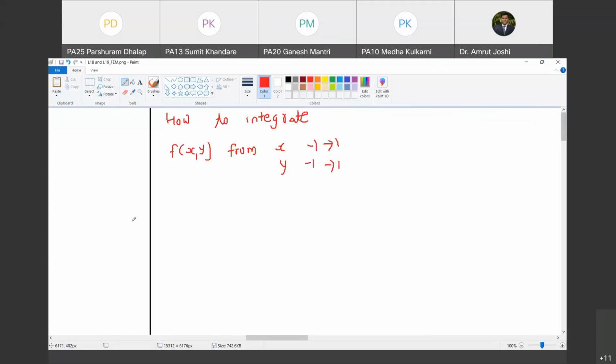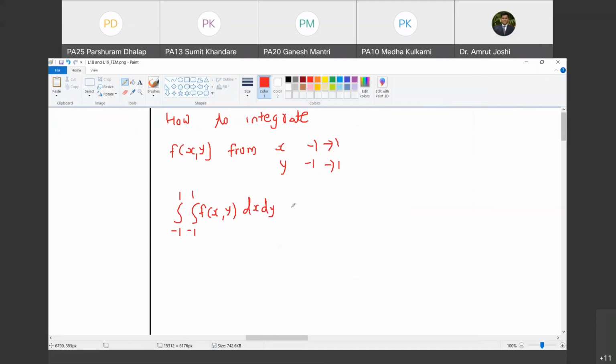So integration minus 1 to 1, integration minus 1 to 1 of f of x comma y dx dy.